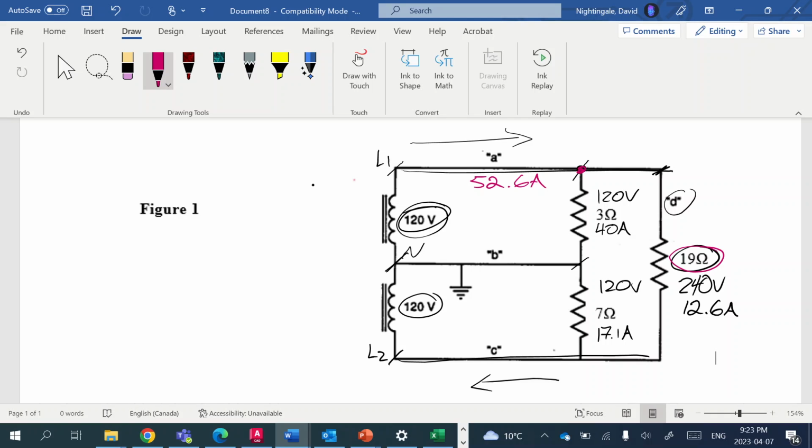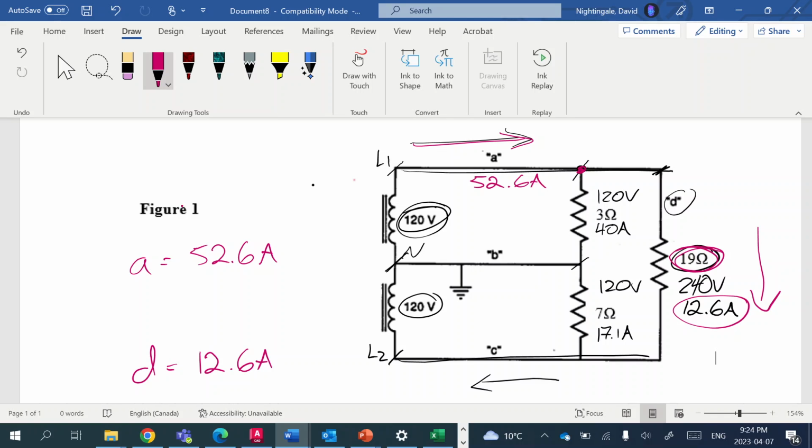All right, if we have 52.6 amps flowing out this way, that gives us our A value. So A equals 52.6 amps. Our D value is simply going to be the current going through this load here, and that is going to be 12.6 amps. So our current goes in that direction through that load, and we get 12.6 amps.